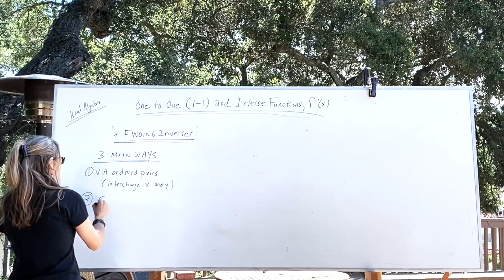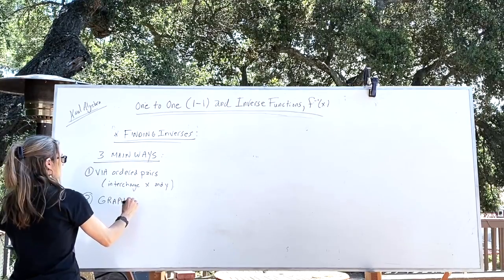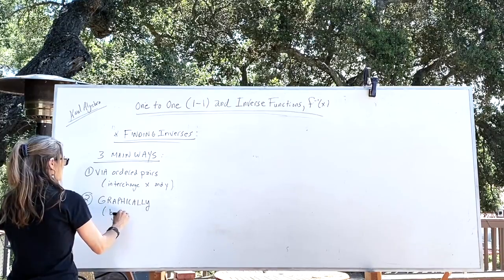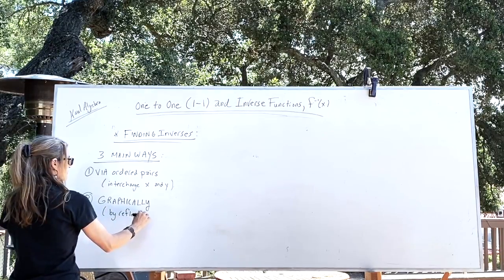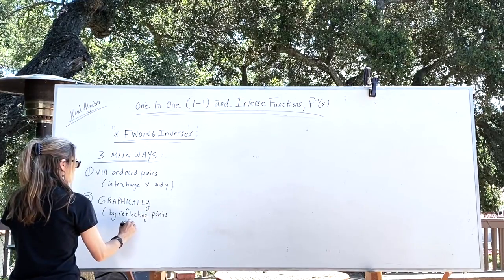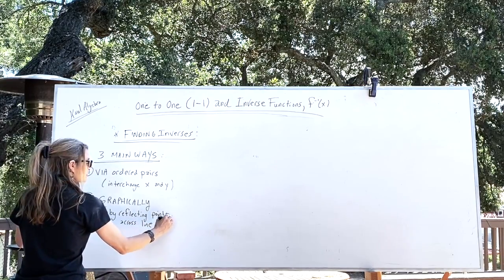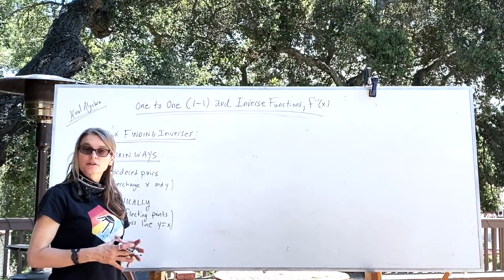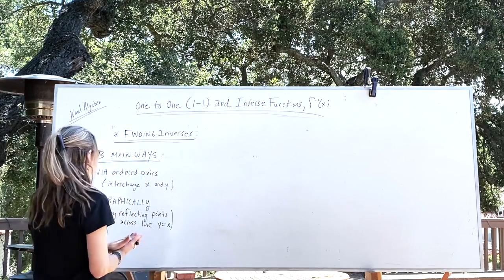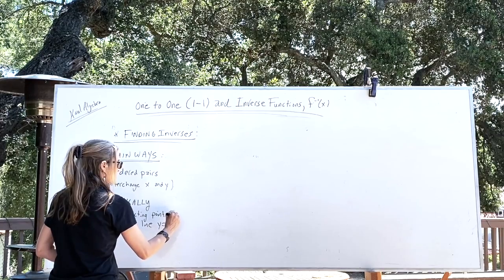So graphically, and that is by reflecting points across the line y equals x. You could take your function, graph it, and then reflect it along this line y equals x, and you get your inverse function. So by reflecting points, slash the image.